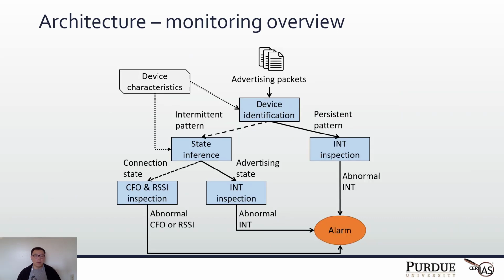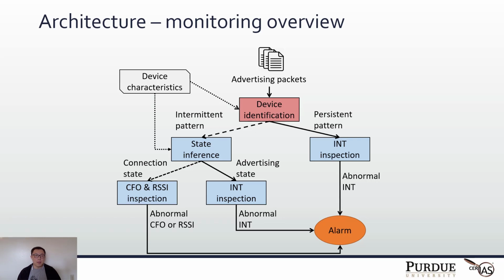Here is the overview of the monitoring phase. Once the profile is created, BlueShield can monitor this device. During monitoring, it keeps receiving advertising messages. When it receives advertising packets, it first identifies which device this advertising packet is from based on the device's profile.